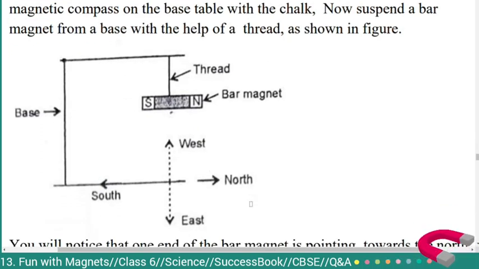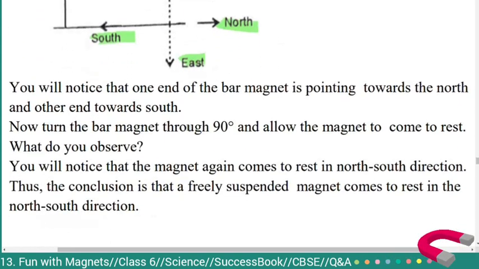So here east, west, north, south directions are mentioned on the base of the table, and this one is the suspended bar magnet. You will notice that one end of the bar magnet is pointing towards the north and other end towards the south.